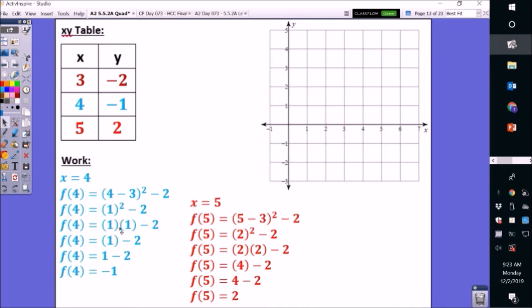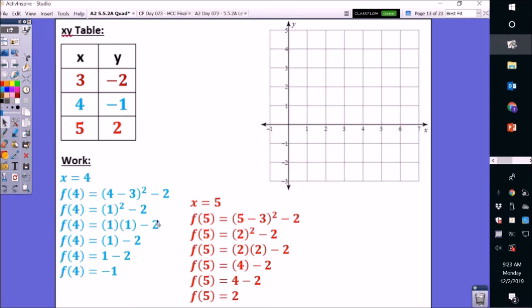When I multiply, it'll be a positive 1 with the parenthesis, and then minus 2. Since I do not have anything to distribute from outside the parenthesis, I will let go of the parenthesis and keep the number, but I still have the minus 2. So at this point, I can simplify 1 minus 2, which is negative 1. So that's the y value for the second coordinate point.